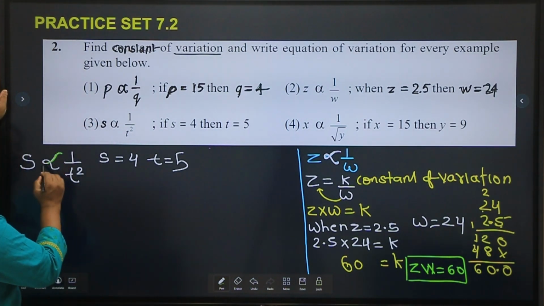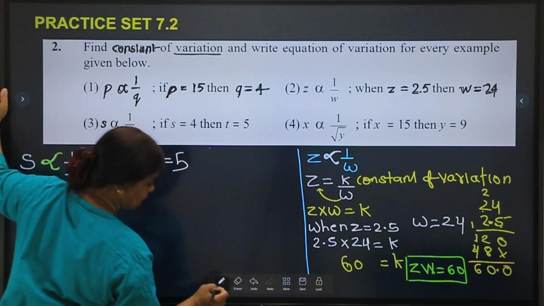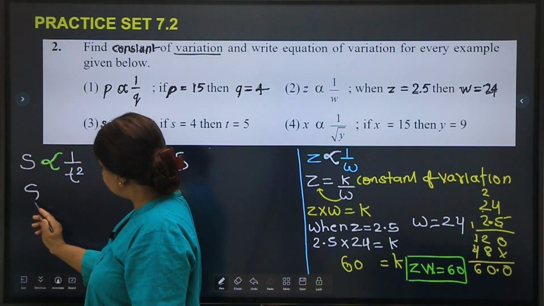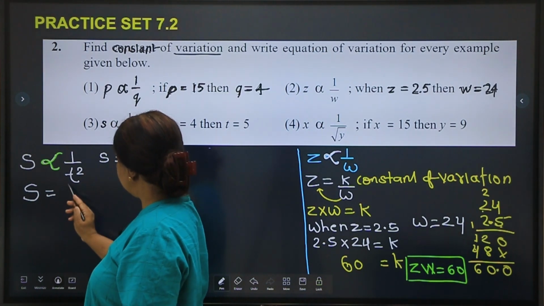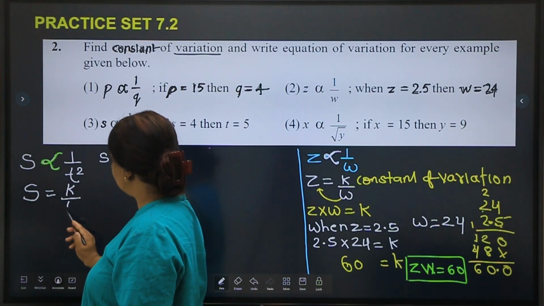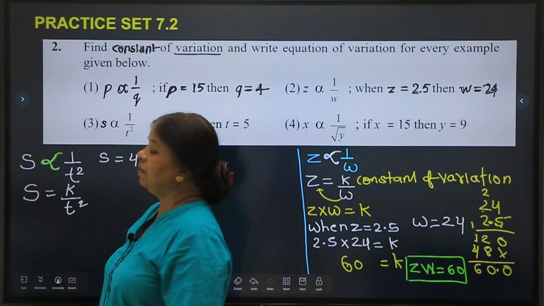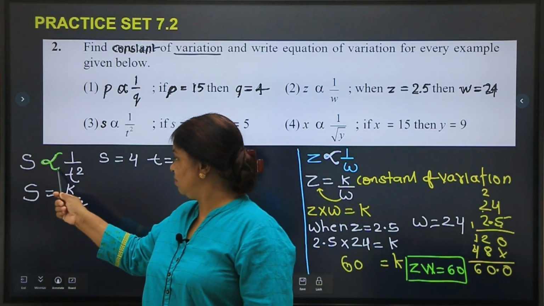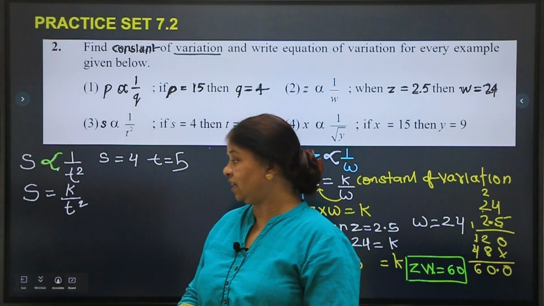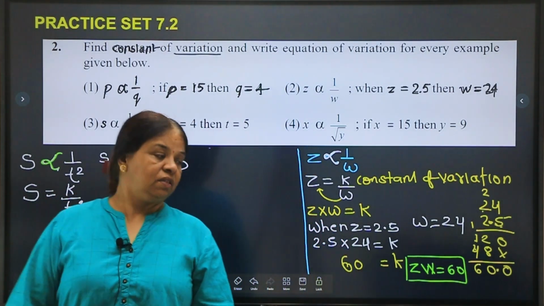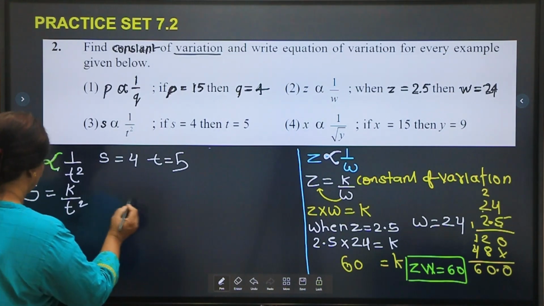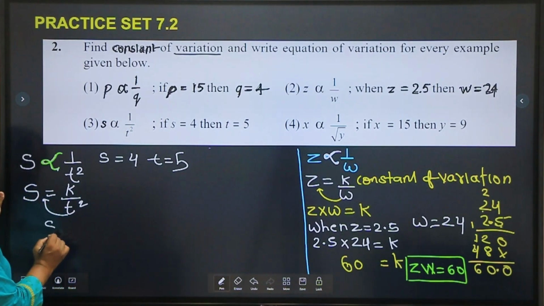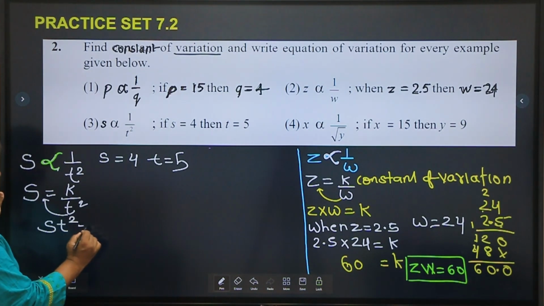So here we can remove the variation sign and we can write S is equal to k upon t square. Why did I introduce k? Because there is proportionality sign and I am writing now with the equal sign. So t square will go up and we will get S t square is equal to k.